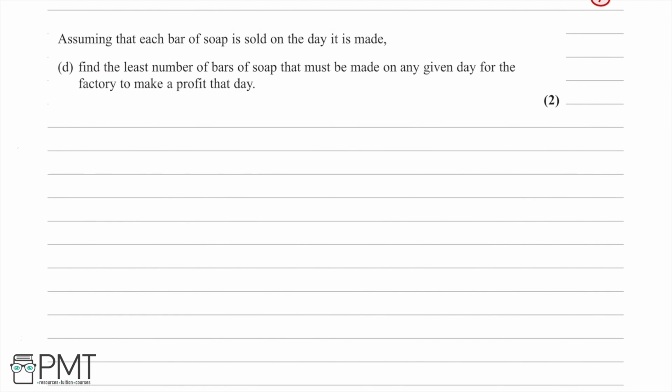For part D of the question, we are told to assume that each bar of soap is sold on the day it is made. And we're asked to find the least number of bars of soap that must be made on any given day for the factory to make a profit. So we're going to start by letting N be the least number of bars required to make a profit.